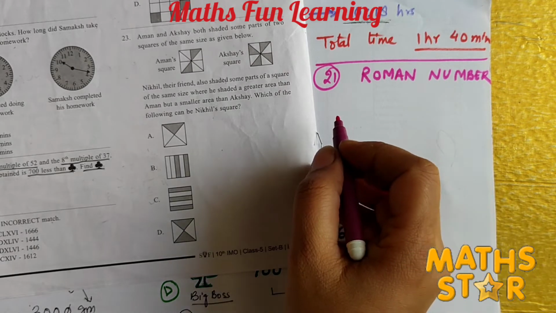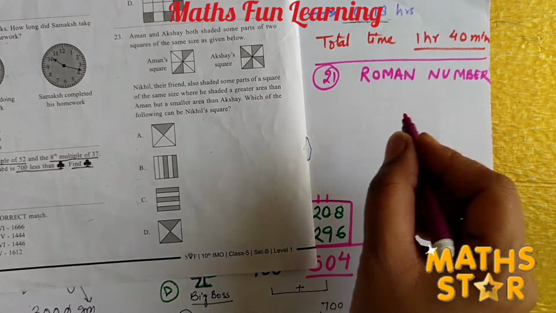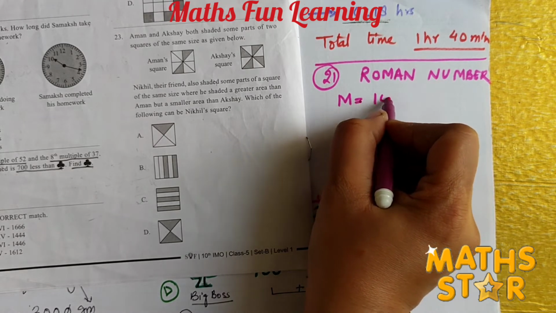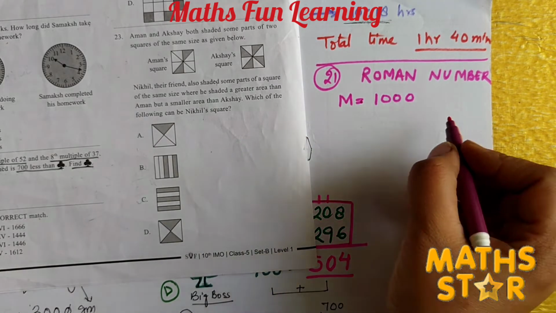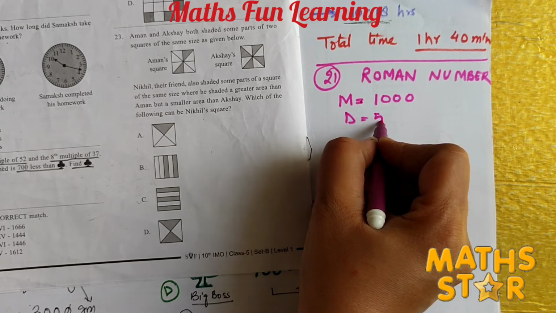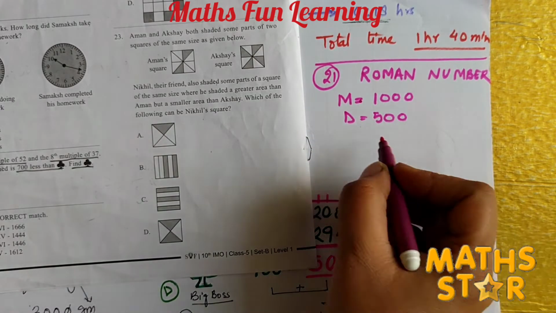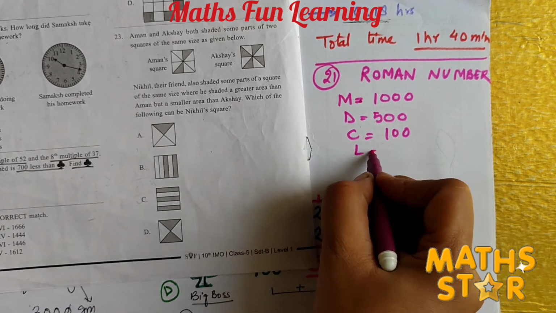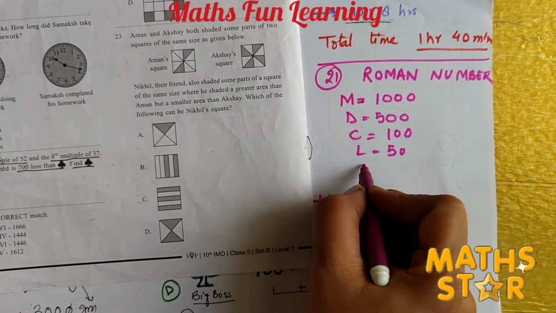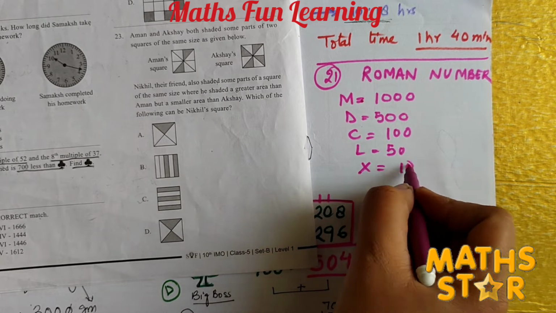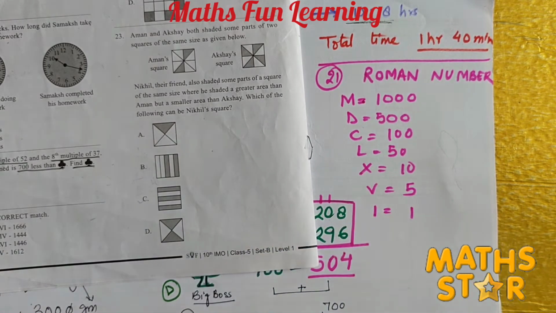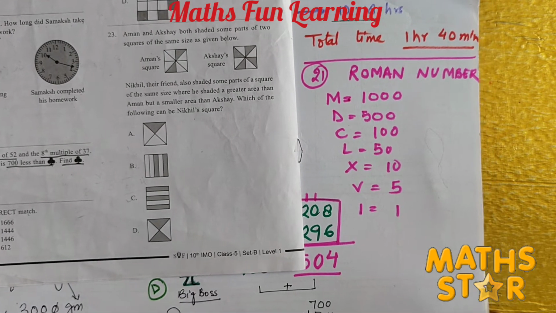You know that in Roman numbers, M means 1000, D means 500, C means 100, L means 50, X means 10, V is 5, and I is 1. So this is the Roman number system.